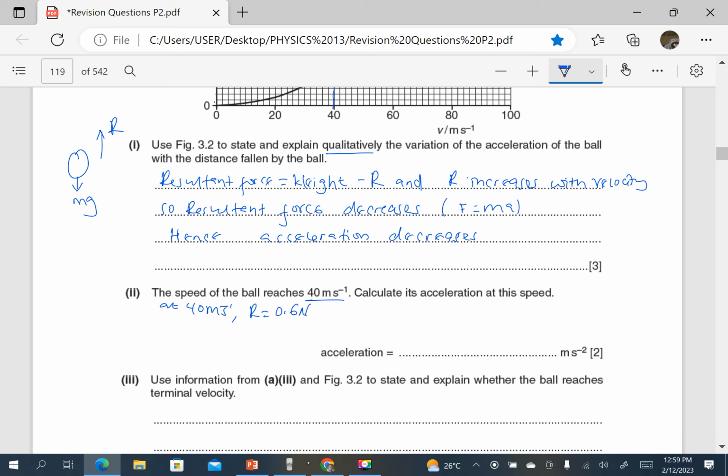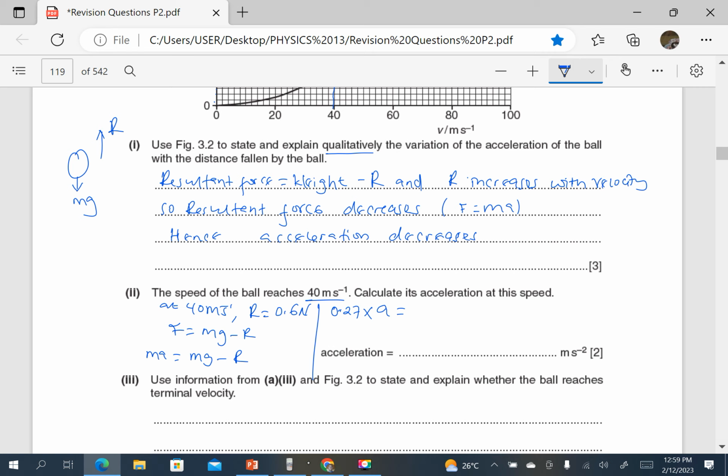And we now want to find the acceleration. Remember, the resultant force F is equal to the weight, which is mg, minus R. So ma is equal to mg minus R. The mass is 0.27, that is the mass of the ball, and the acceleration is what I want to find.